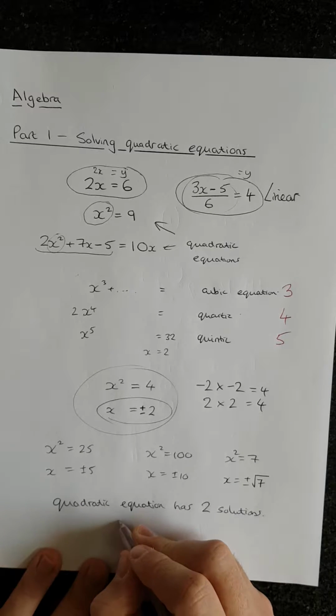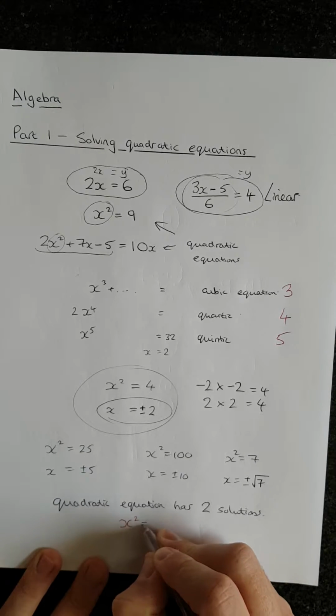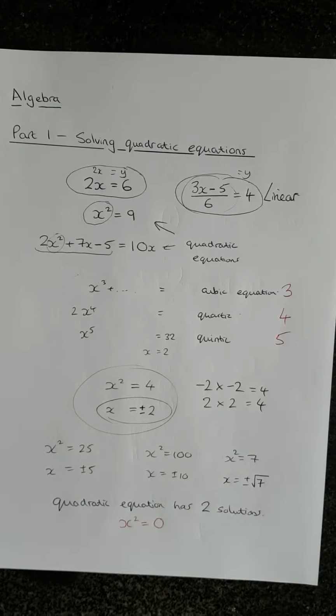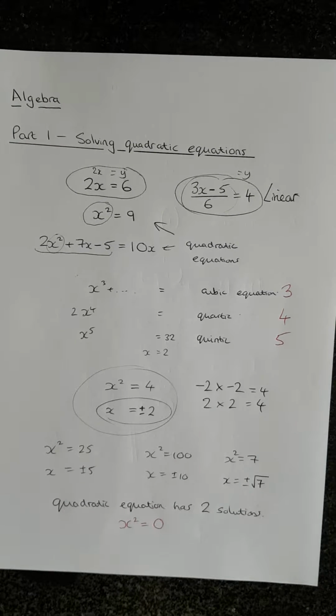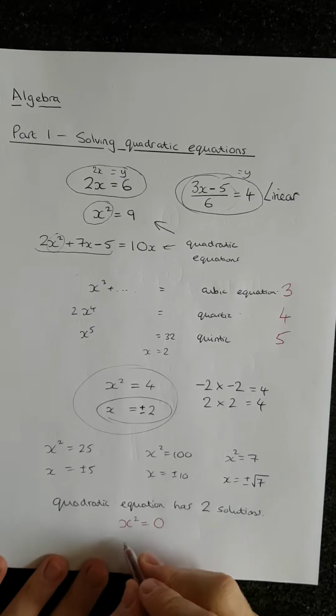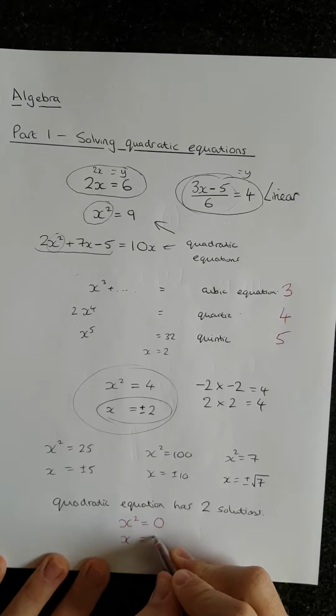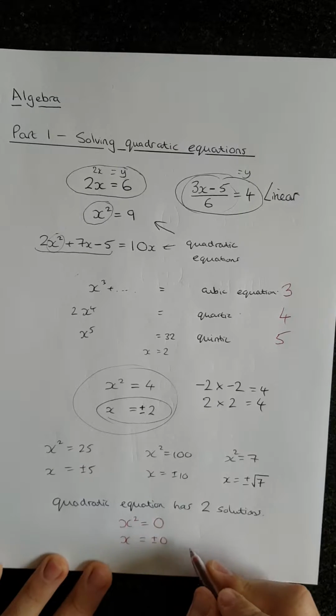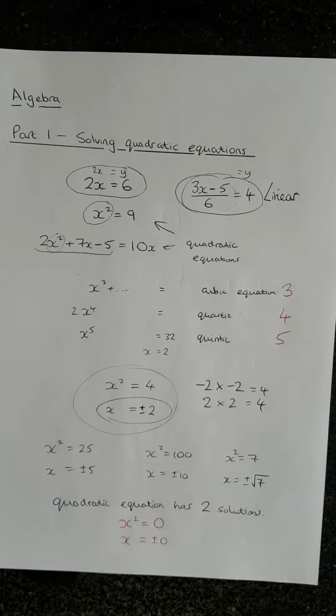Take, for example, this equation. Well, hang on. How does this have 2 solutions? Because x equals plus or minus 0, which is the same number twice. That's right.